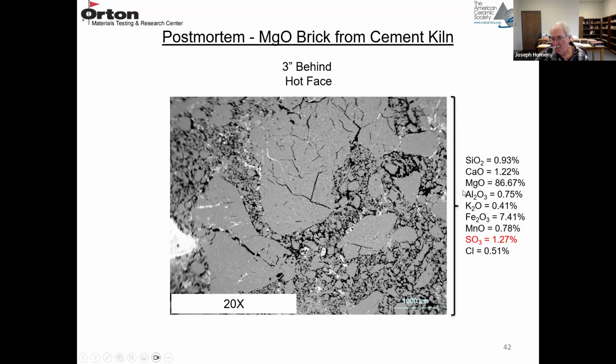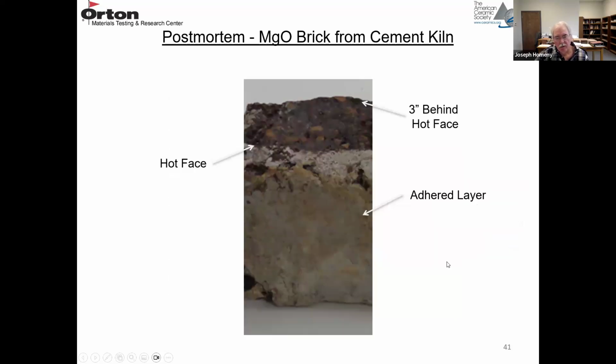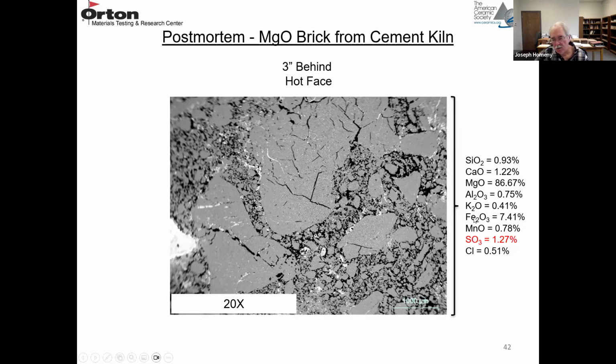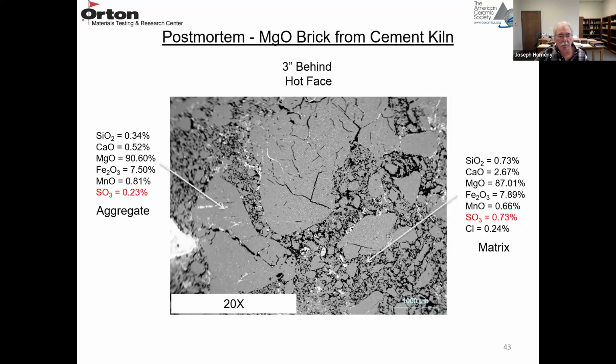And MgO bricks with high iron contents tend to allow the clinker to adhere to that surface. So these iron contents are there deliberately. We also picked up SO3, a sulfur oxide compound, at a little more than 1%. So the sulfur is coming probably from the charge.